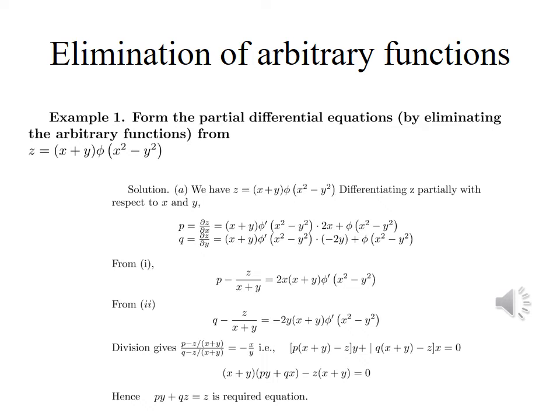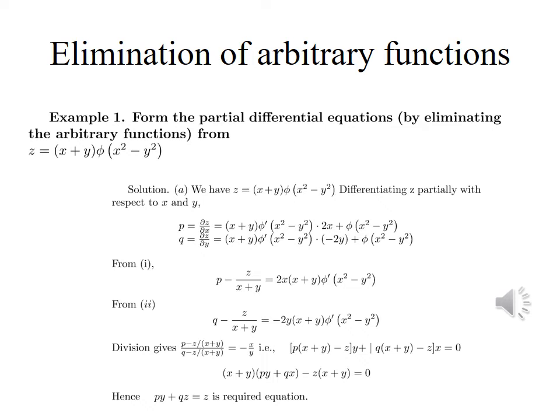So we take the equation which we received by differentiating partially with respect to x, that is p is equal to x plus y into phi dash of x square minus y square into 2x plus phi of x square minus y square. So we take phi of x square minus y square to this side, and that in turn is z divided by x plus y. So p minus z divided by x plus y equal to 2x into x plus y into phi dash of x square minus y square.